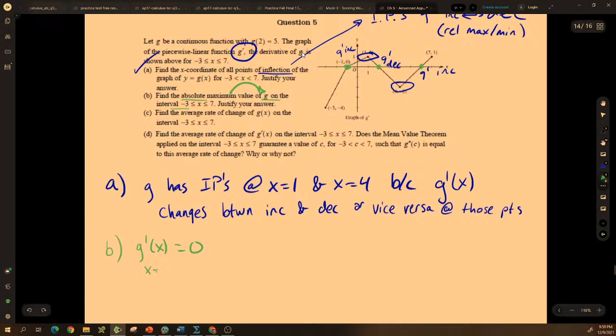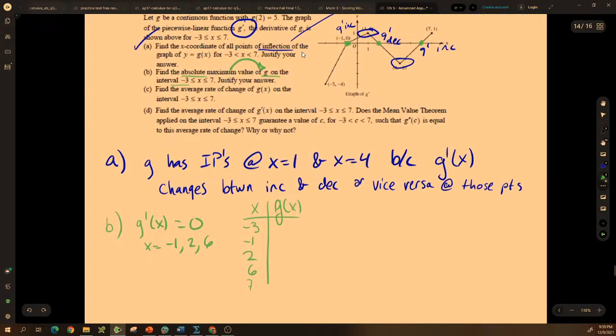So I get x equals -1, 2, and 6. And then we need to make a chart with -3, -1, 2, 6, and 7, my endpoints and my critical points.